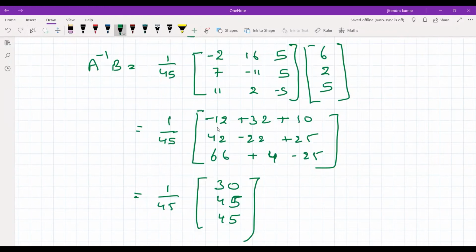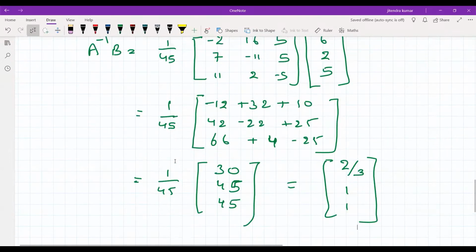So 30, 45 and 45. So this will be equal to 30 by 45. 30 by 45 is 2 by 3, and this is 1 and 1. So this is our A inverse B.